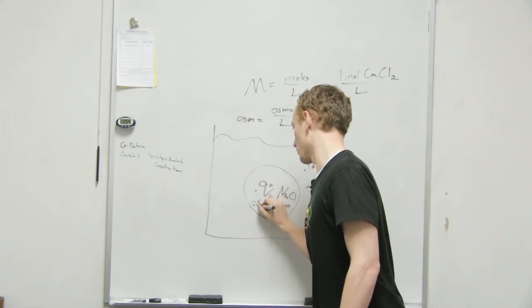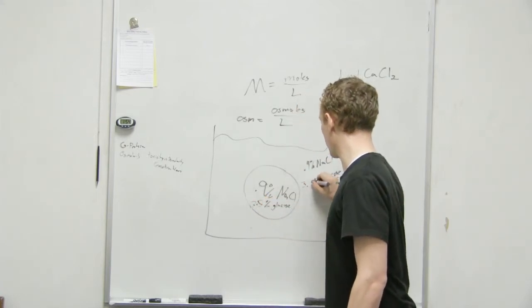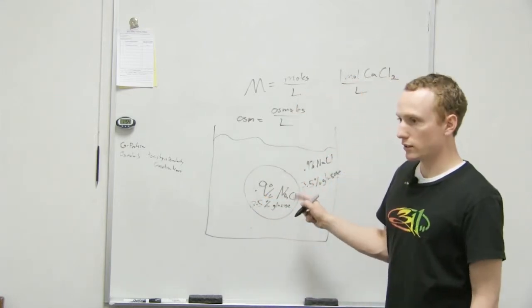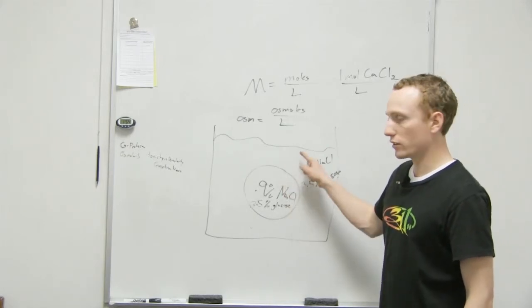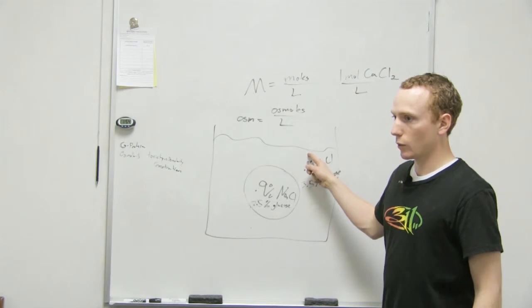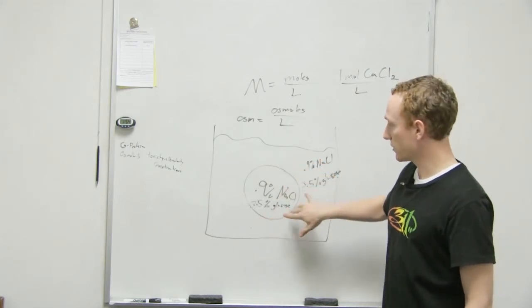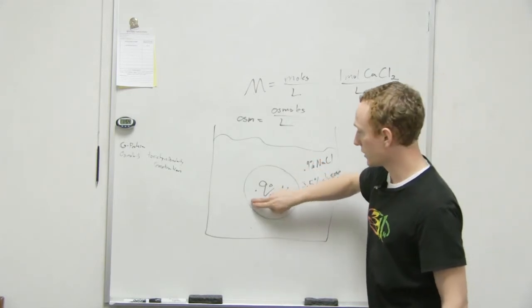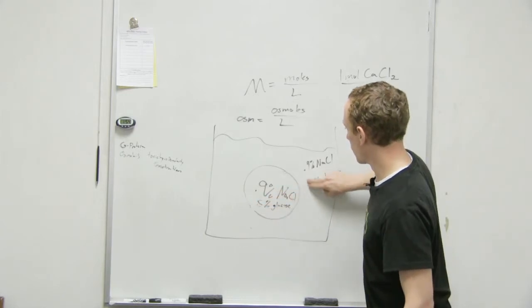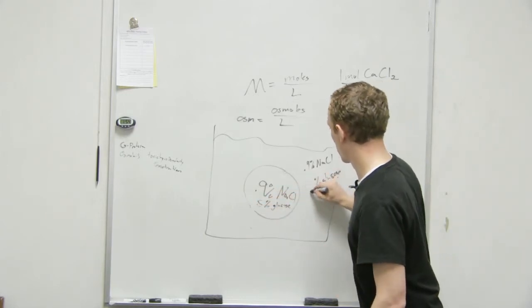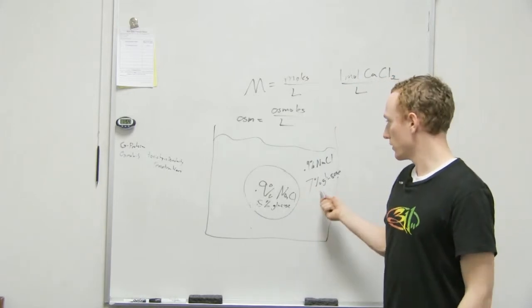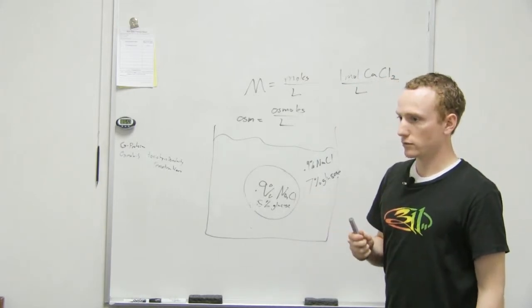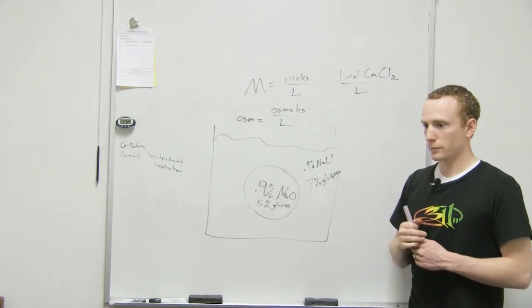So it diffuses, so it's 3.5 and 3.5. So the tonicity is the same because the water doesn't leave the cell or go into the cell. It stays the same. So the tonicity stayed the same even though the osmolarity is different.